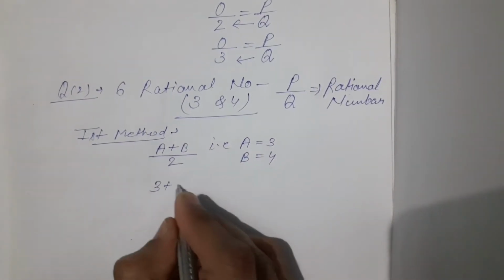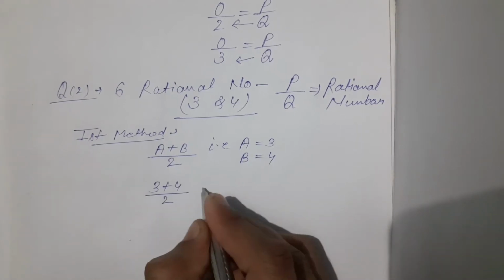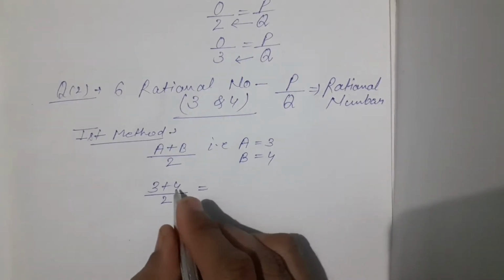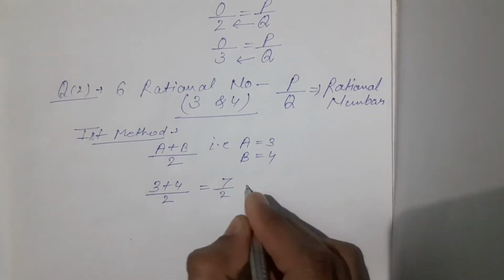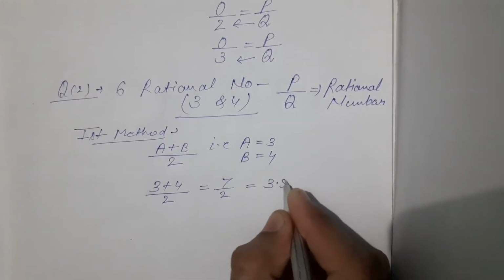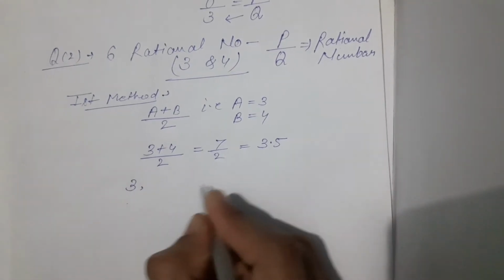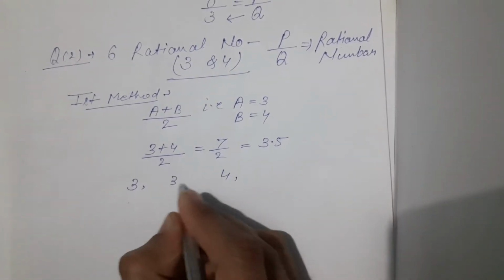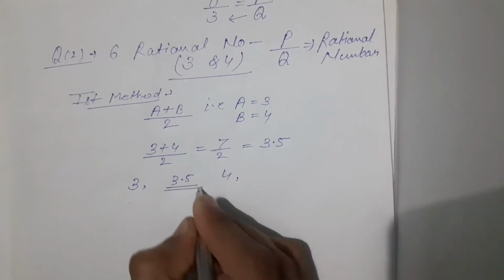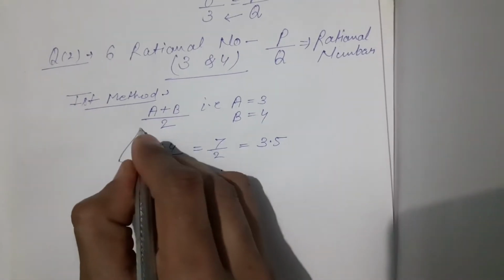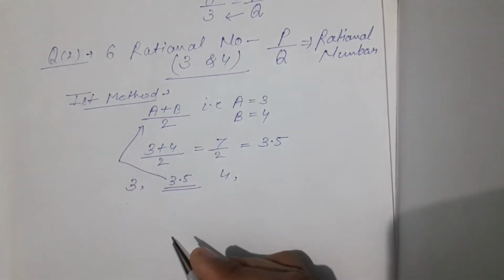Now add the given 2 numbers and divide by 2. The number will be 4 plus 3, 7 upon 2, which is equal to 3.5. The first number between 3 and 4 is 3.5, which we have calculated with the help of a plus b upon 2.